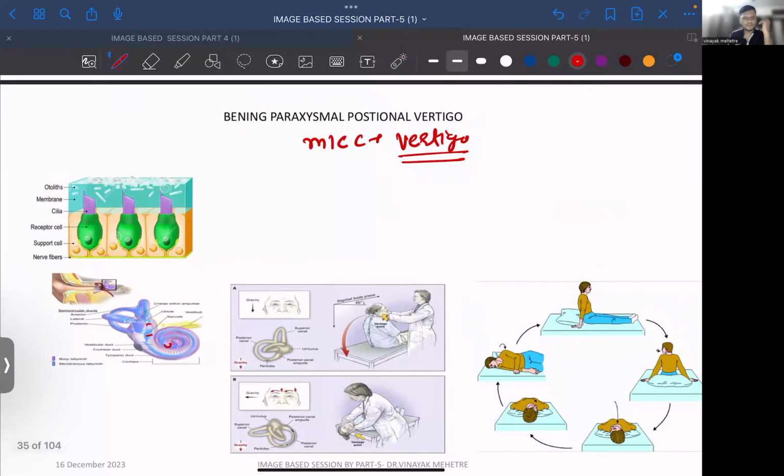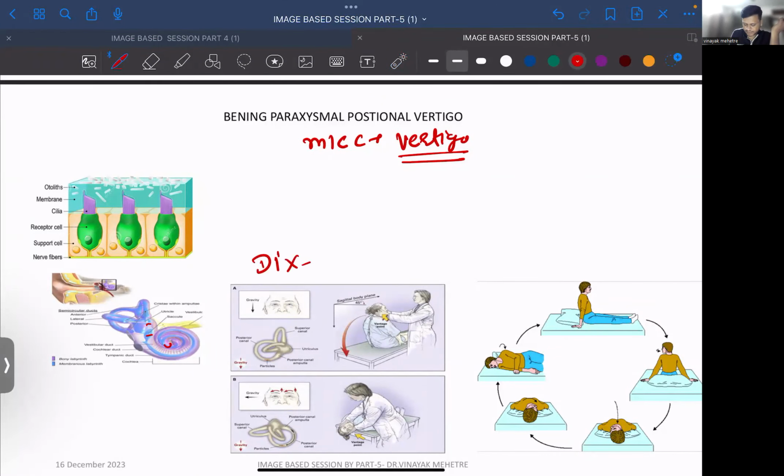So what is the investigation and treatment? Take that otolith from the semicircular canal back into the saccule, utricle and vestibule. What is the name of the test?